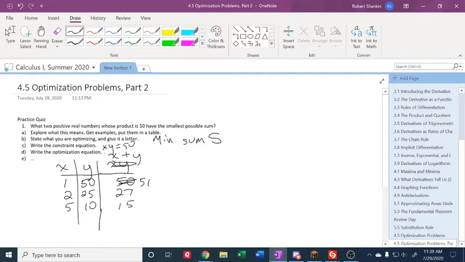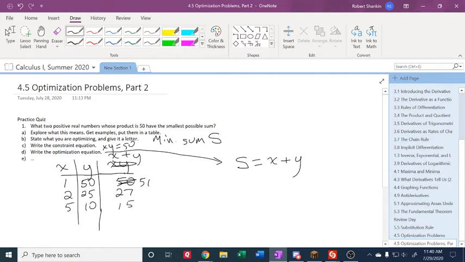And then the optimization equation is S equals x plus y. It has to meet this condition, xy is 50, and then trying to minimize S over here. The same problem that we always have is that S is a function of two independent variables. We need it to be a function of just one independent variable.